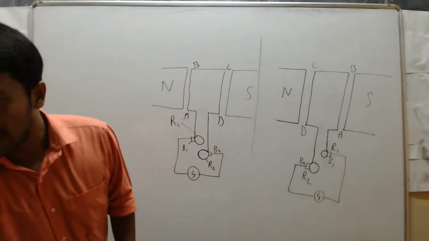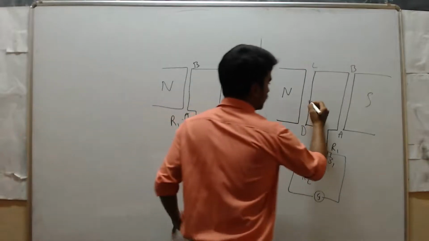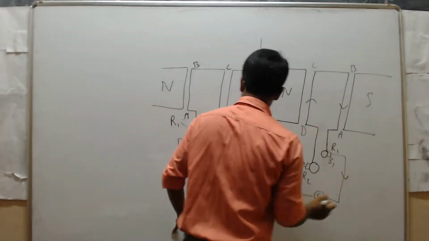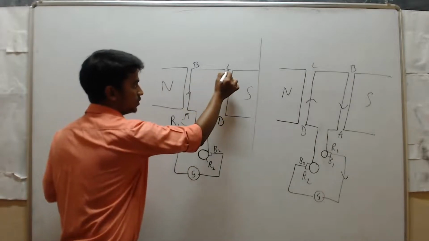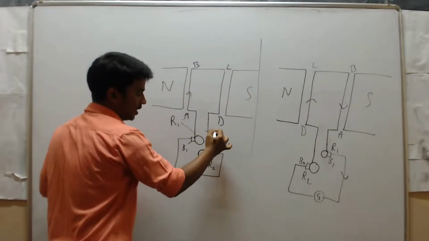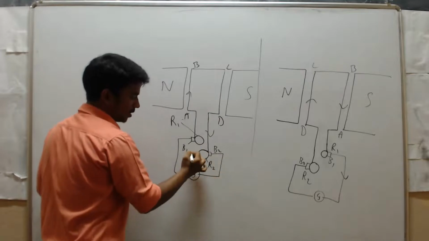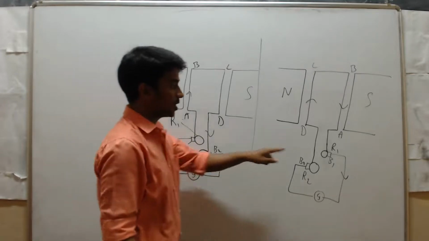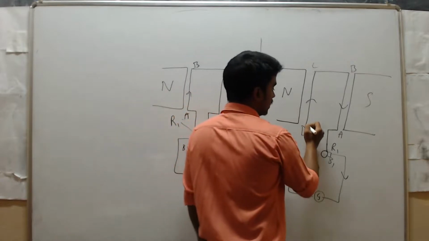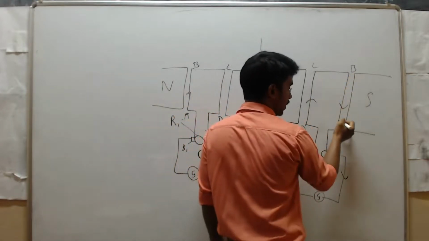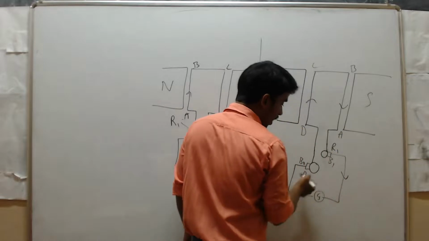Earlier, current went A to B, C to D, then R2 to R1. But in the second case, current direction is D to C, C to B, B to A, then R1 to R2.